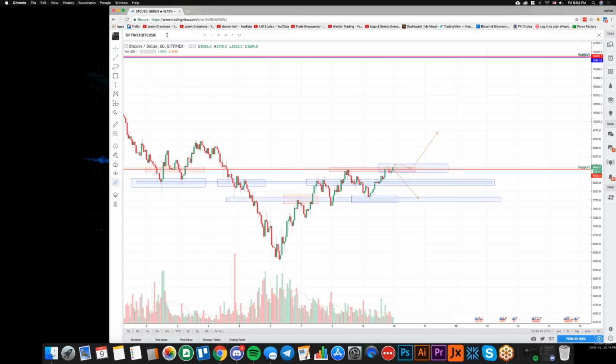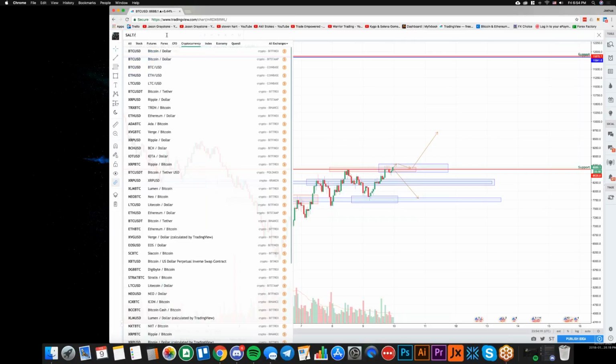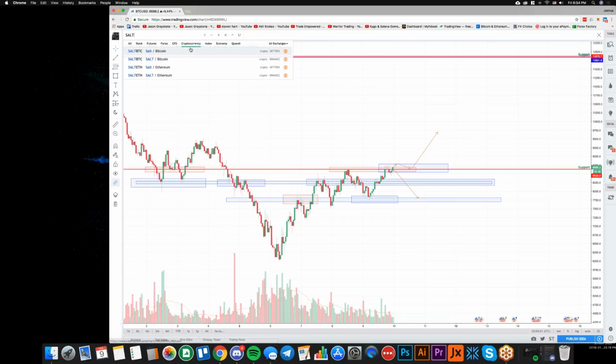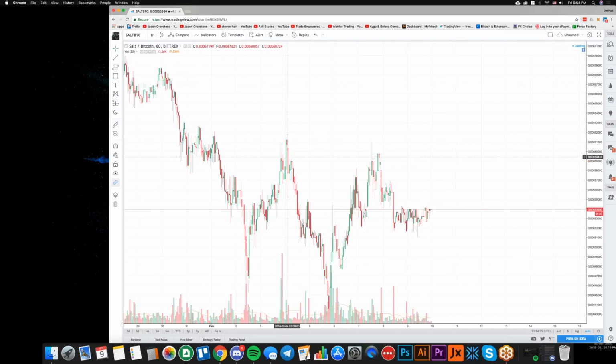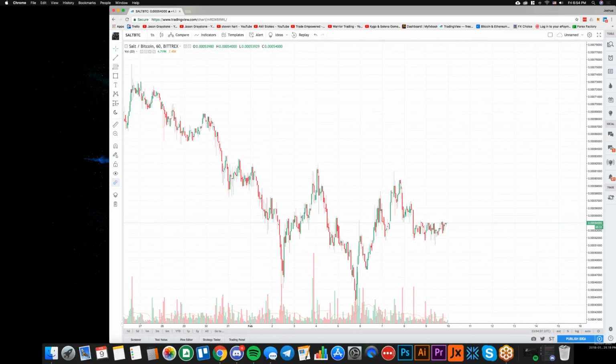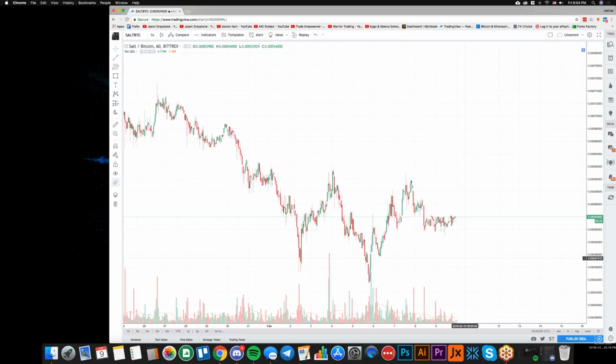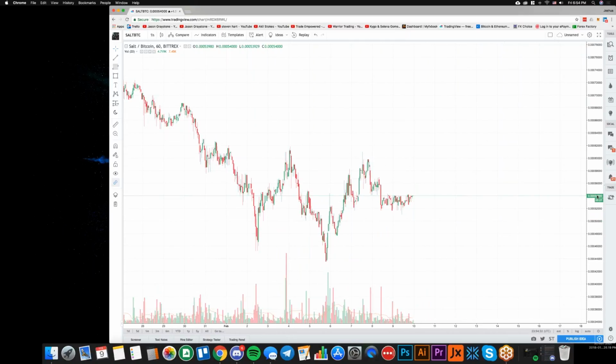Now, if you go to an altcoin, like Salt Bitcoin, the base currency here is Bitcoin. Because the base currency is Bitcoin, the value is in Satoshi, not in dollar. Let's say that's the dollar amount of whatever this is right now.